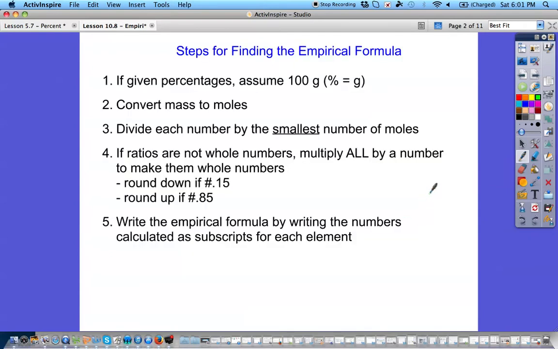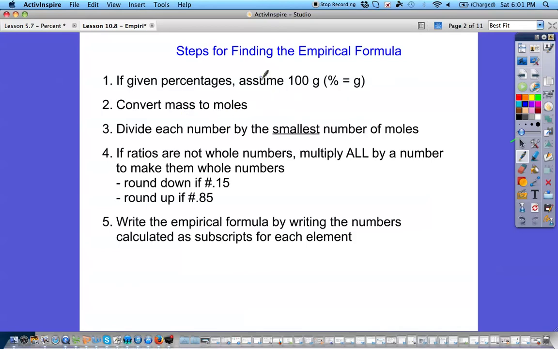So the steps for finding empirical formulas. If you're given percentages, you're going to assume that you have 100 grams, and you're just going to change the percent to grams. Then you're going to convert the mass to moles.